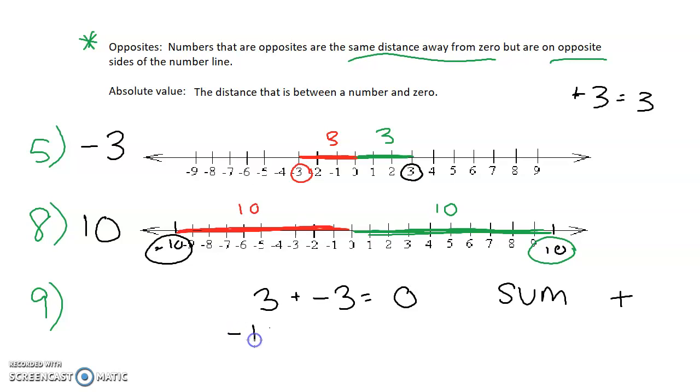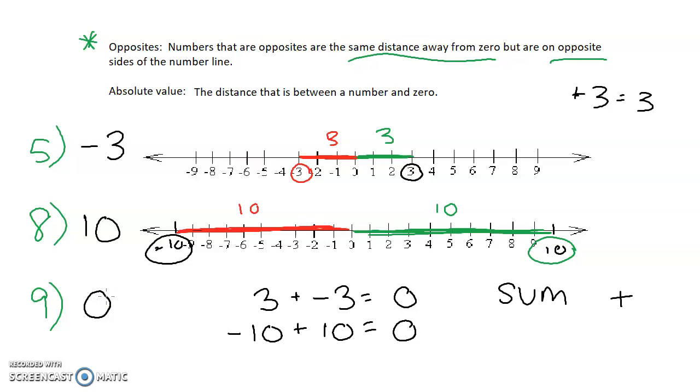We had negative 10, and we found the opposite to be positive 10, or just 10, which again adds to be 0. The same is true for every number and its opposite. Every time you add a number and its opposite, the sum, or the answer to that addition problem, will be 0. So number 9, answer is 0.